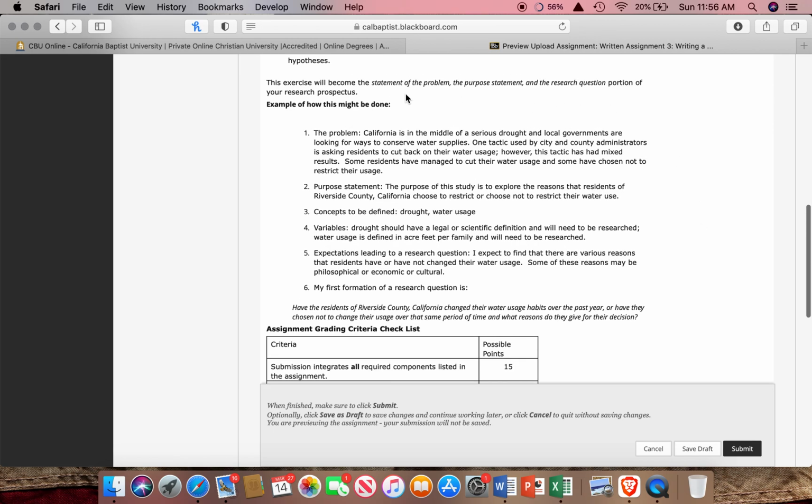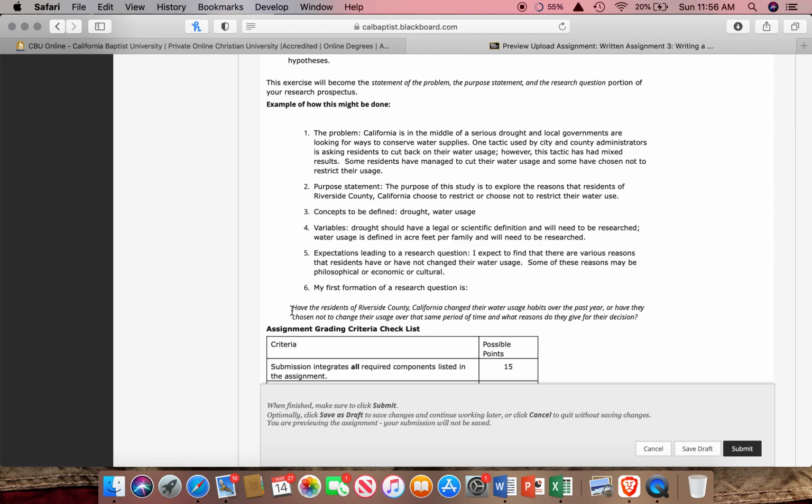So this is the body of our assignment. These six questions need to be built out: the problem statement, the purpose statement, the concepts to be defined, the variables, the expectations leading to your research, and then ultimately this first formation of a research question.